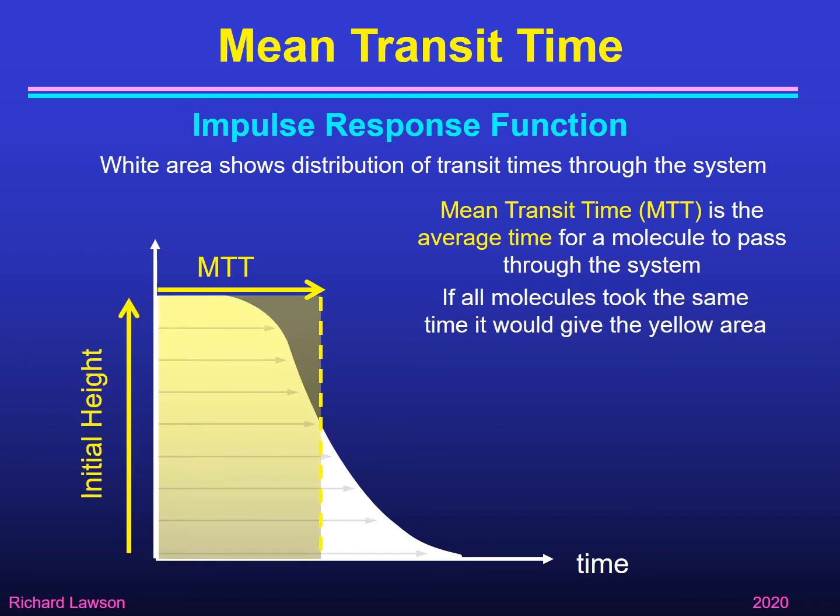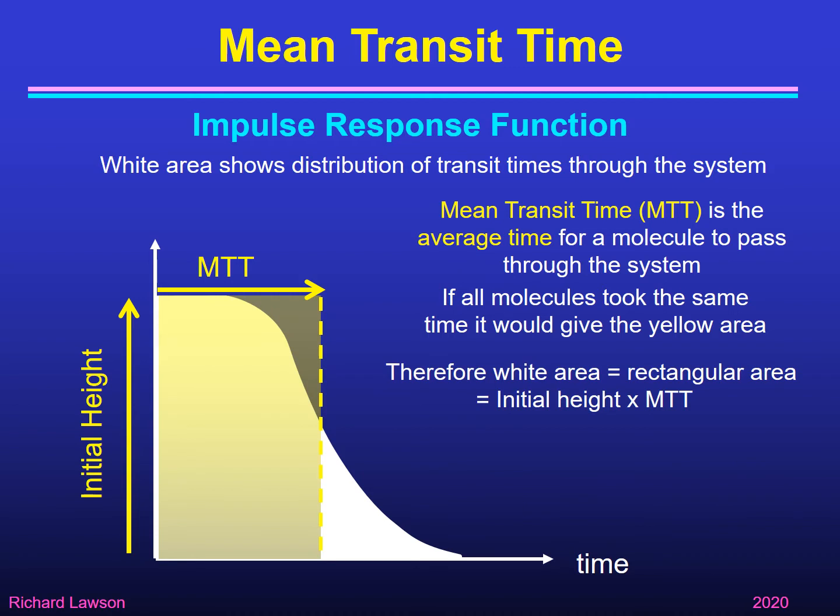Now, if all the molecules took the same transit time, it would give the yellow area instead of the white area, and the definition of the mean transit time is when the white area and the yellow rectangle area are the same. Now, the yellow area is just a rectangle with a height equal to the initial height and a duration equal to MTT, so it's height times MTT.